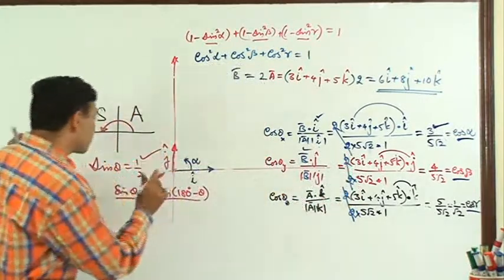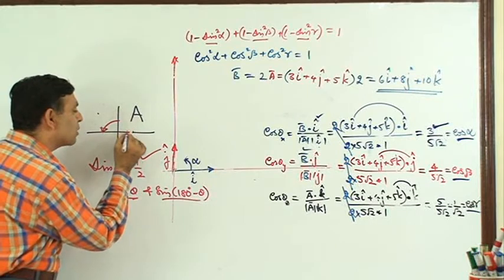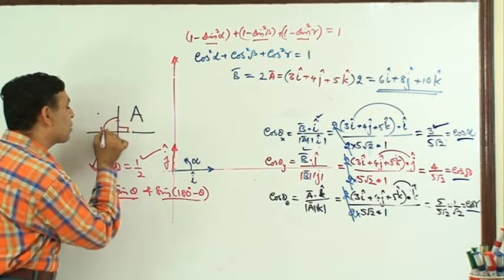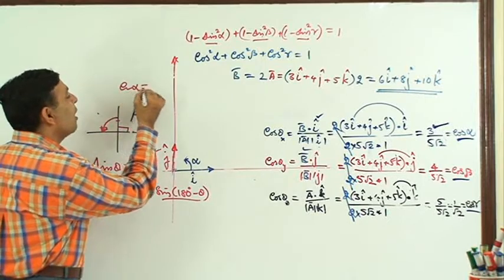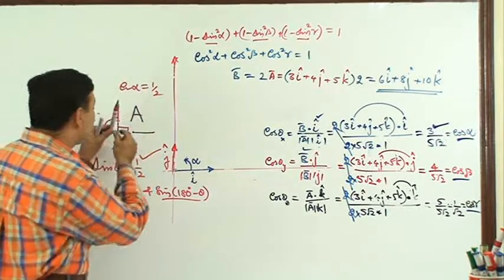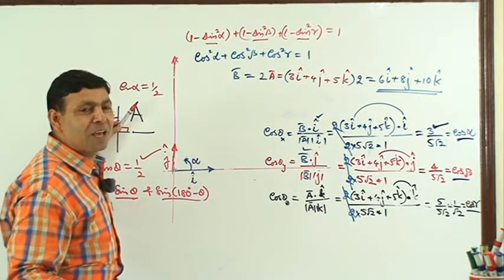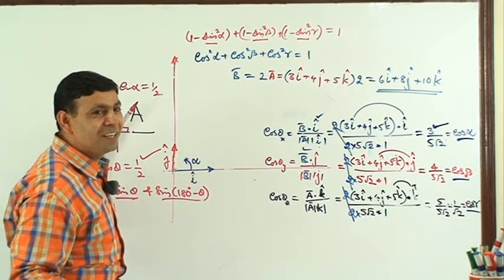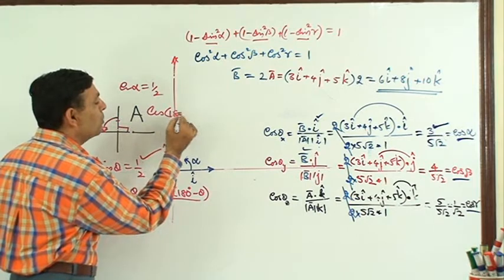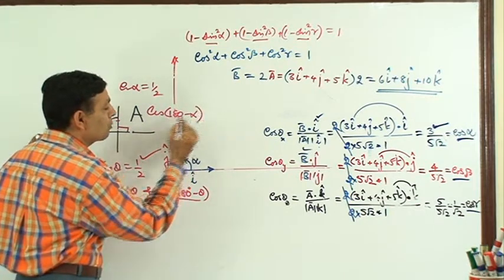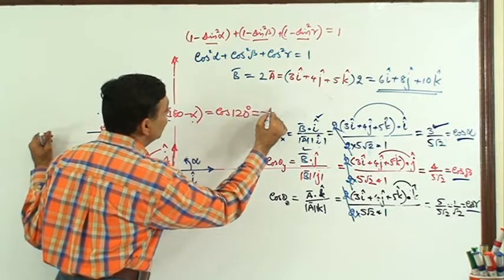Whereas when it comes to direction cosines, cos theta is positive only from 0 to 90 degree, and then in the second quadrant cos theta is negative, fine. If you are getting cos alpha as half, you can safely say it must be 60, since cos 60 is half. So you can safely say the angle vector A makes with x-axis is 60 degree, okay? And cos 180 minus 60 is cos 120, and cos 120 is not half, it is minus half.